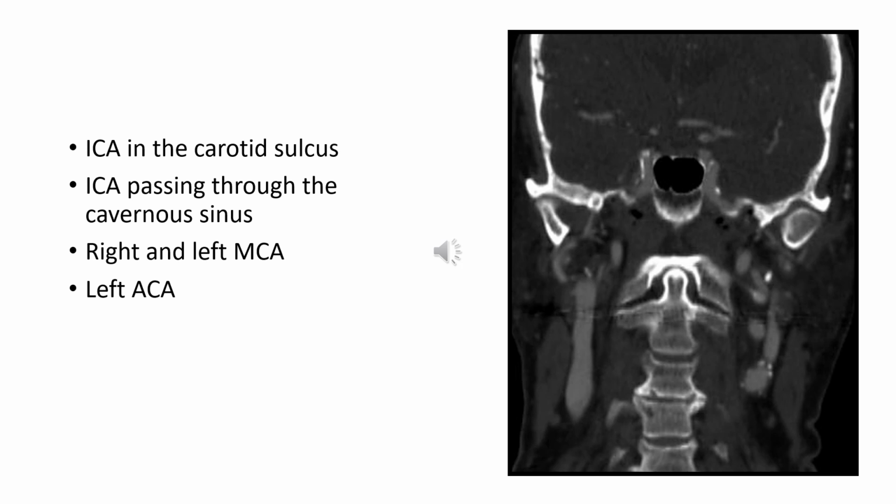So this is the internal carotid artery within its cavernous portion. It's going to become the supracavernous portion and is going to divide to form dominantly the right and left middle cerebral arteries, and these are indicated by the green arrows. And we can just see a small portion of the left anterior cerebral artery as a smaller division of the left internal carotid artery.